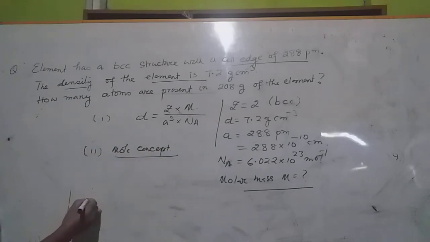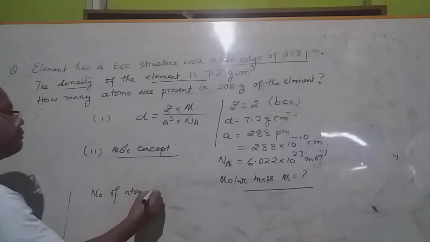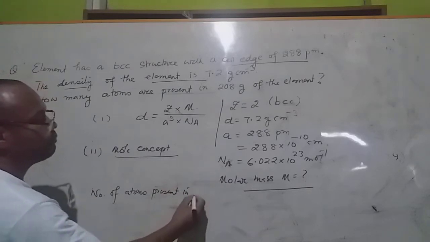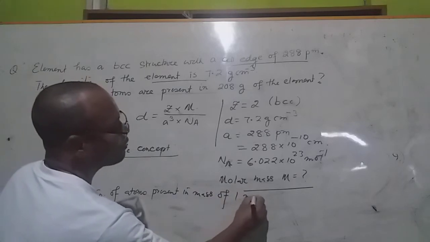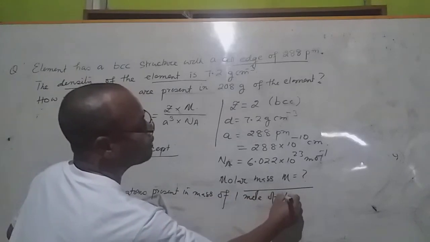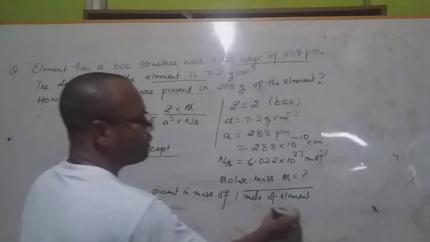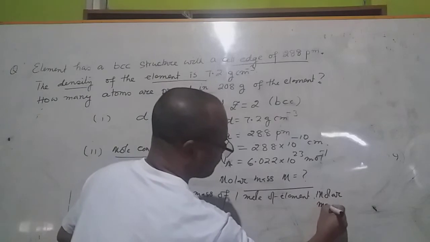I write here: number of atoms present in the mass of 1 mole of element. The mass of 1 mole of element, that is what we consider as the molar mass.